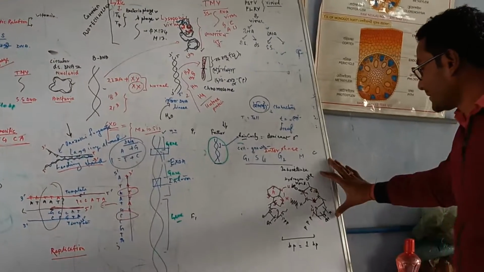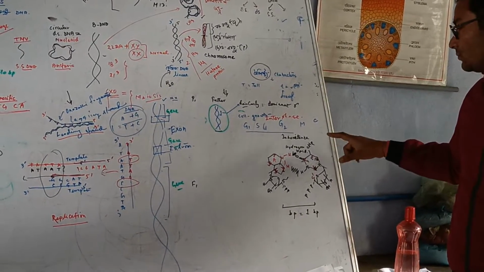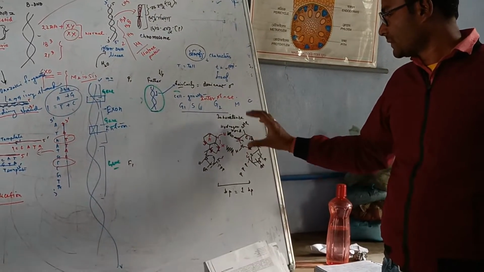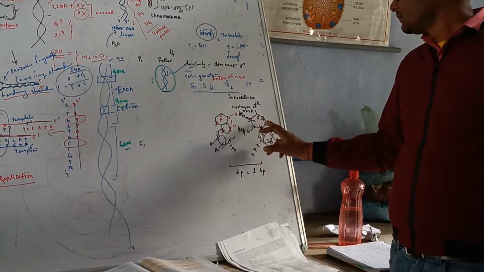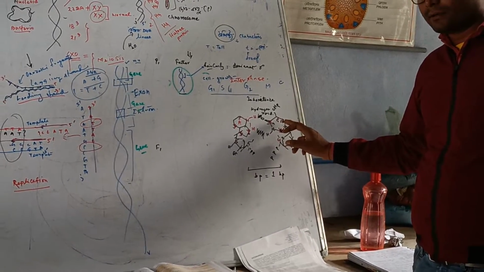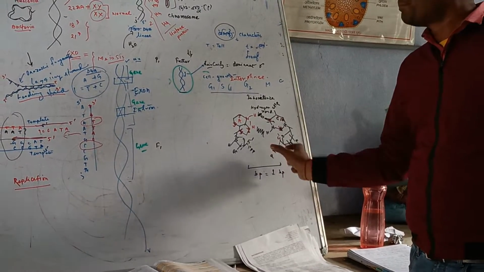One of my students asked me, what is a nucleobase pair? To make them understand, I used A-T pairing. You can see here adenine is hydrogen bonded with thymine. So here you can get a base pair.